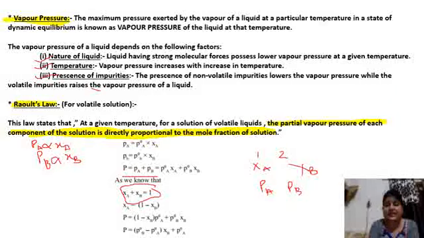So we can write XA is equal to 1 minus XB. When we put the value of XA in this equation, we get P is equal to 1 minus XB times P naught A plus P naught B XB. This is the Raoult's law for volatile solution.